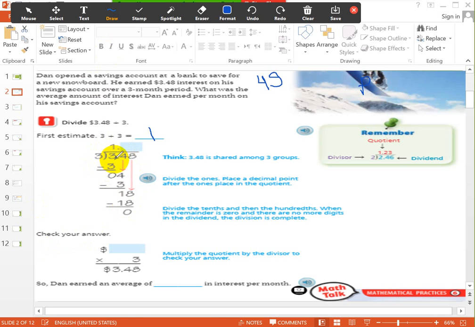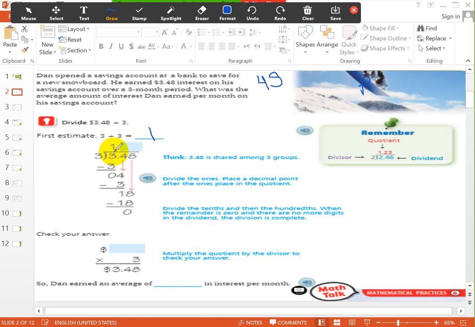If you divide 3 by 3, you draw the division bracket and put the dividend under it and the divisor right here, and I will start the division. 3 divided by 3 equals what? Equals 1, right?